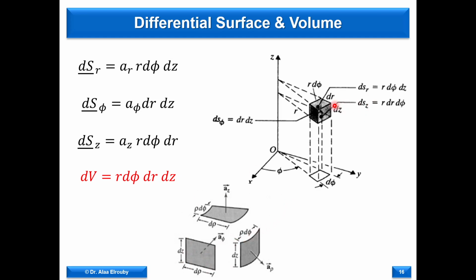And if we are to describe the differential volume, it's just the multiplication of the lengths of the three edges: r d phi, dr, and dz.